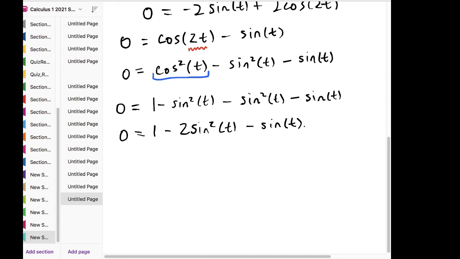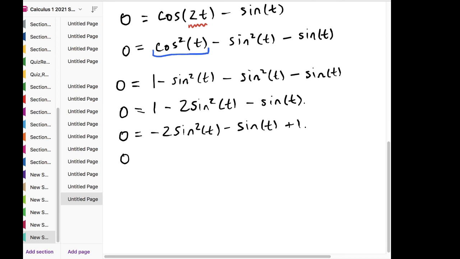Yeah, rearrange. So rearranging factors. So yeah, normally you like your higher powers first. And then I don't like negatives out in front, so we'll divide out by a negative.